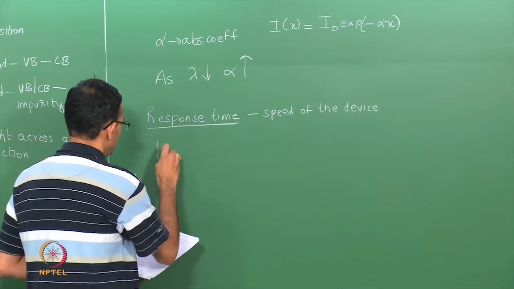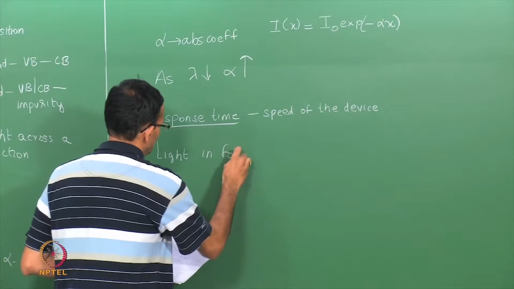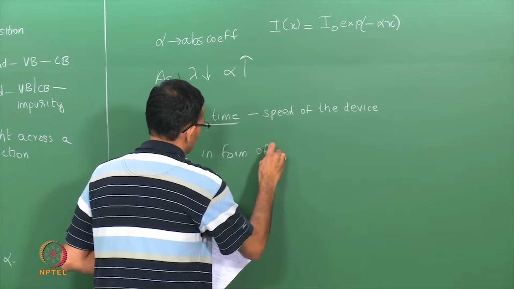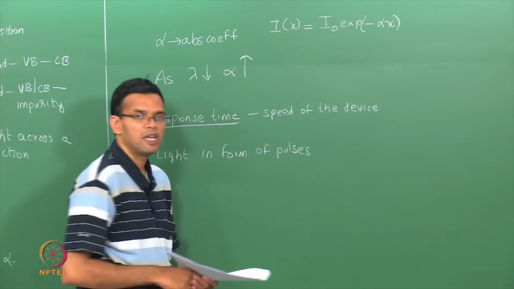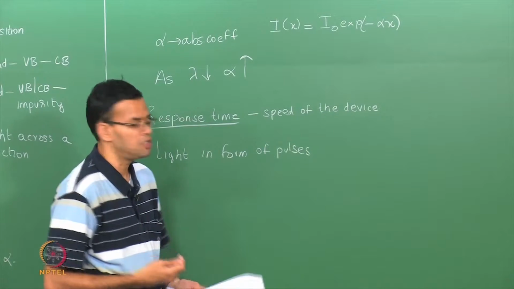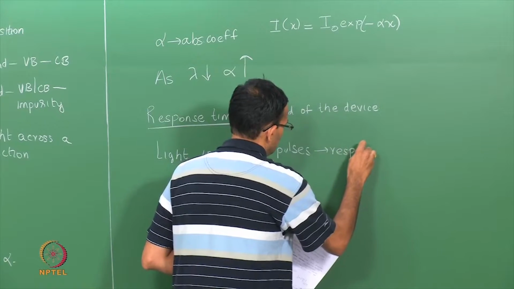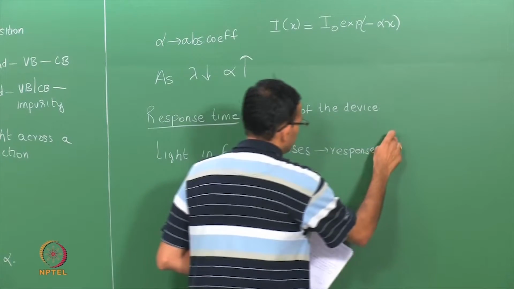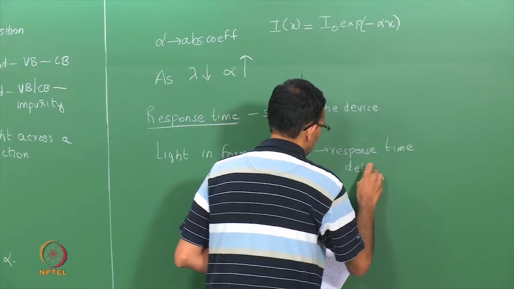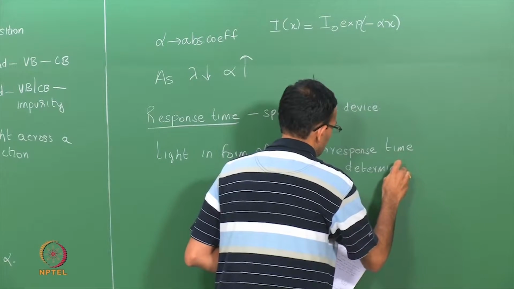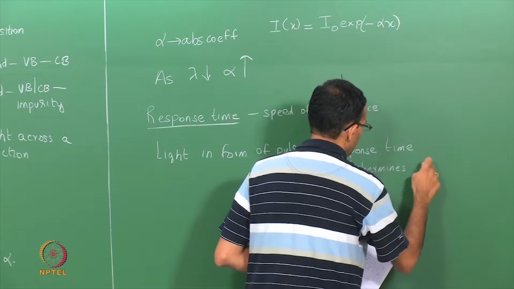So, if you have light in the form of pulses, the response time determines the speed or the frequency of the pulses.